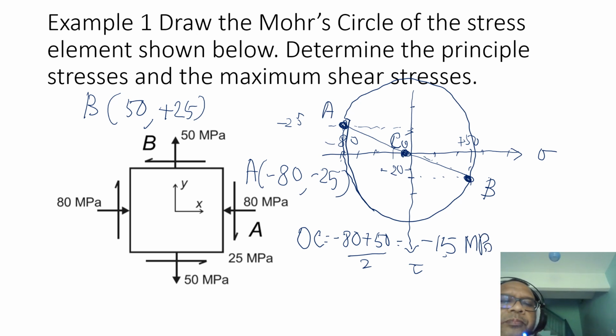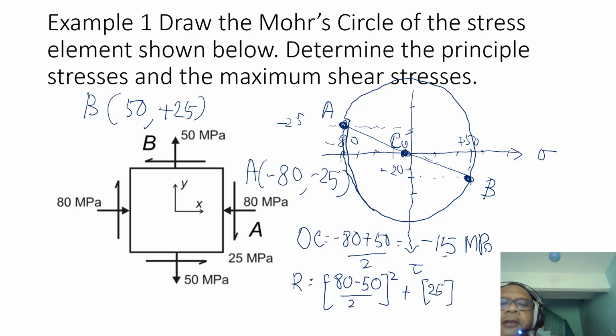My R is the square root of sigma x minus sigma y, the difference, divided by 2, squared, plus tau squared. So sigma x minus sigma y is minus 80 minus 50, divided by 2, squared, plus tau, which is 25, squared.